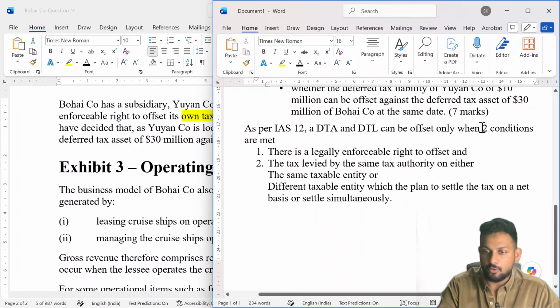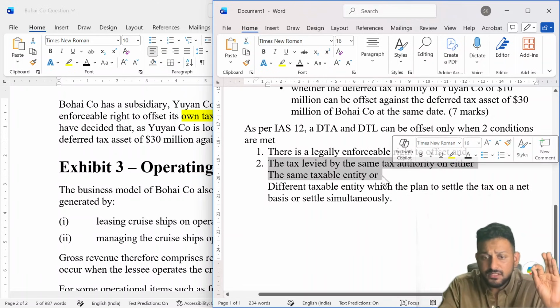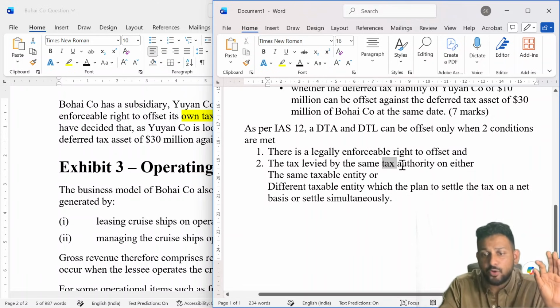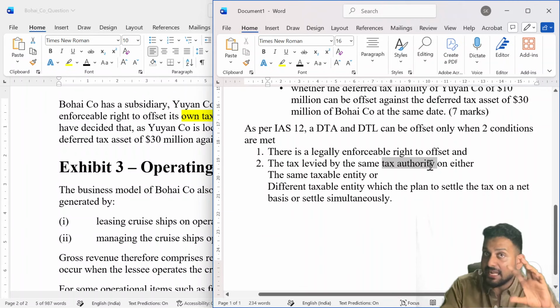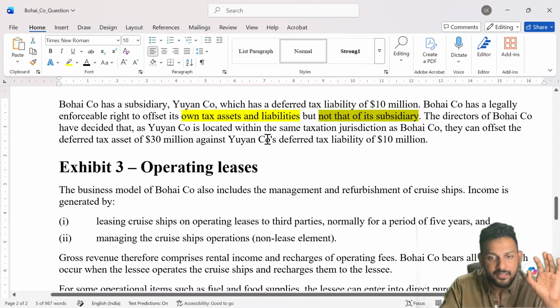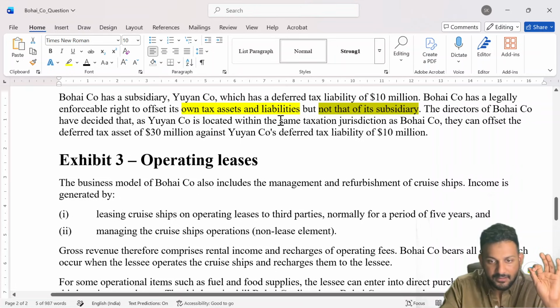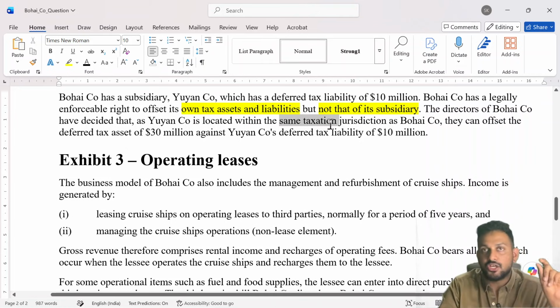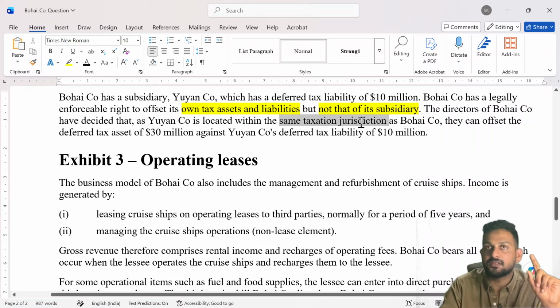So there are two conditions, both conditions should be met actually. The first condition is that it should be allowed by the government. The second condition is that the tax authority should be the same for both companies. So here they state that the tax authority is the same, the same taxation jurisdiction.